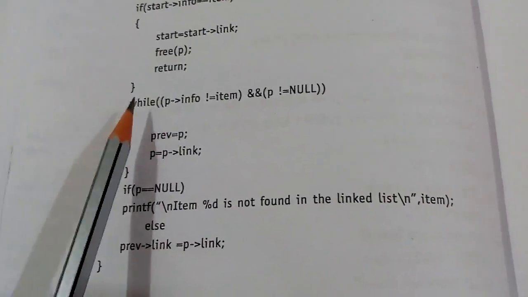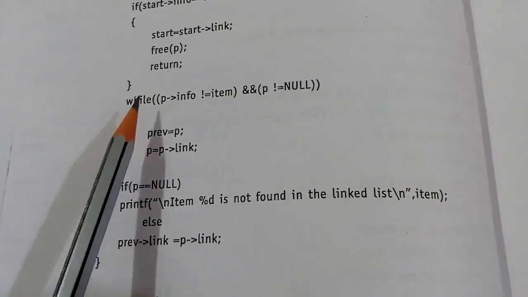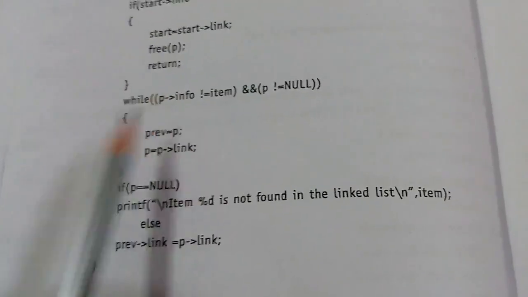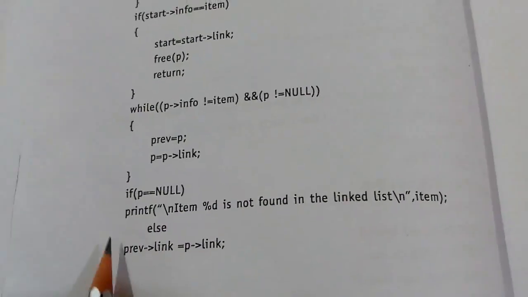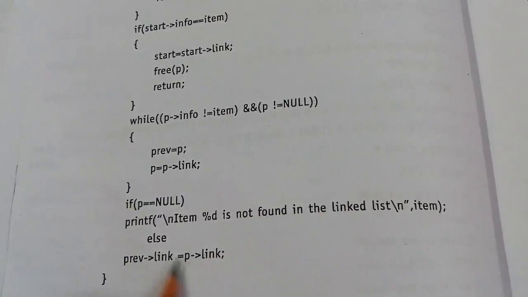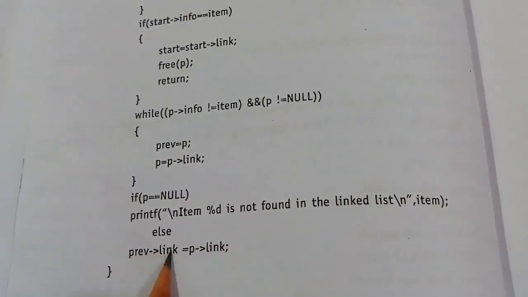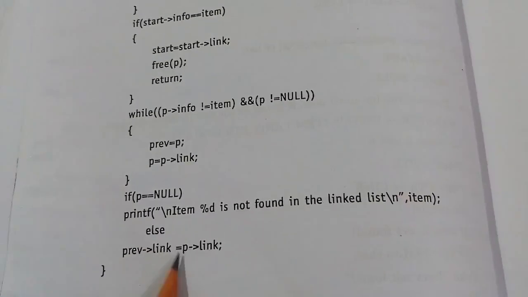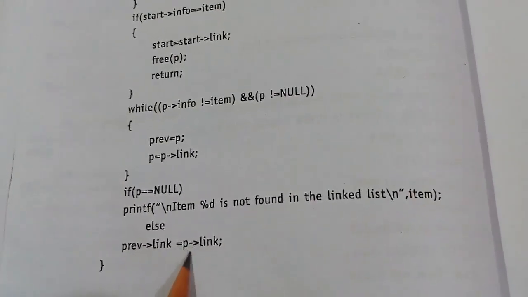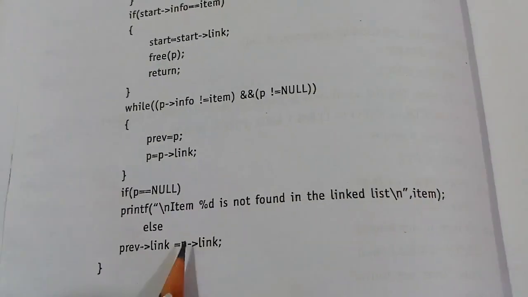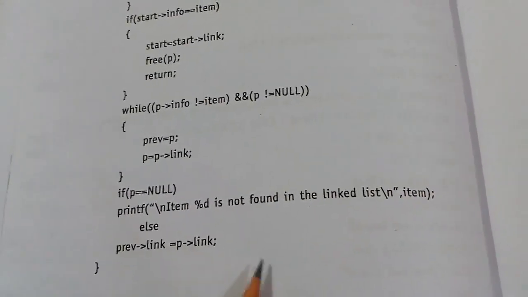Else, if the item is found, then you have to create a link between the previous link and the next node of ptr. Previous points to link is equal to ptr points to link.